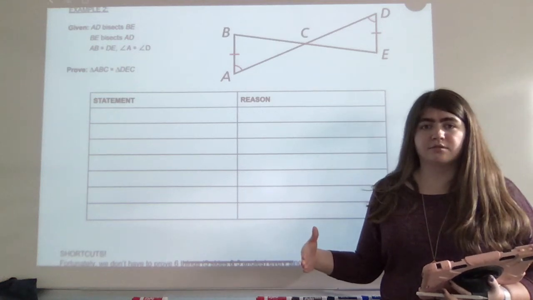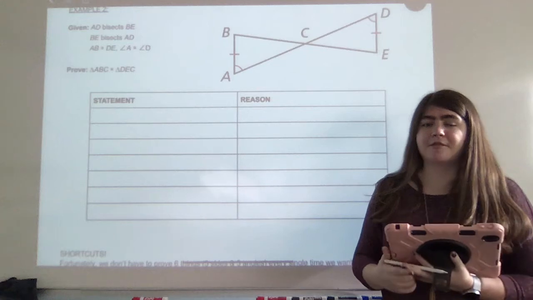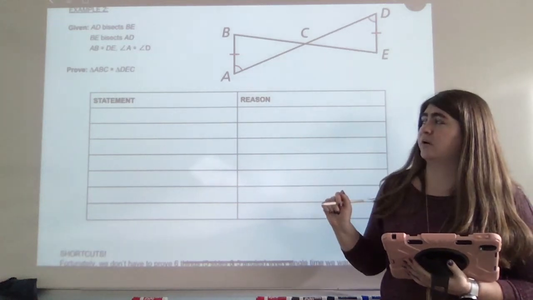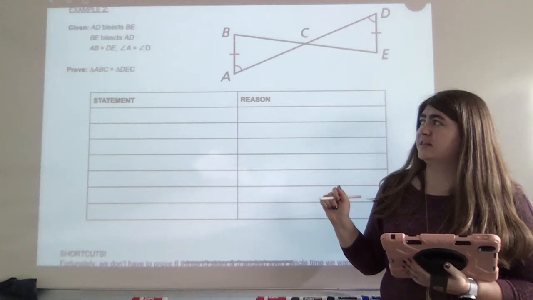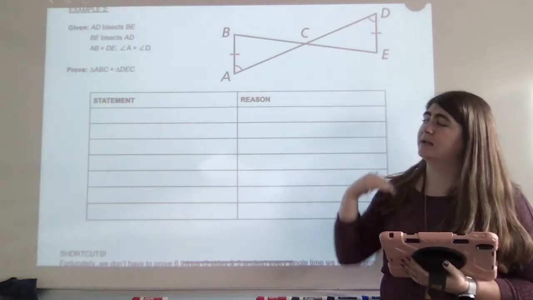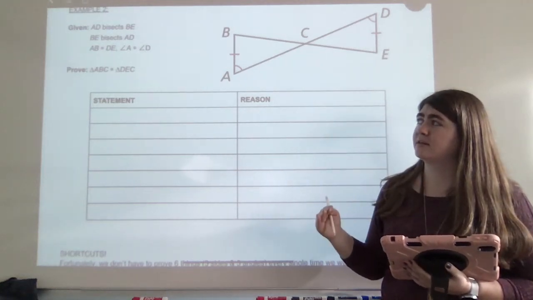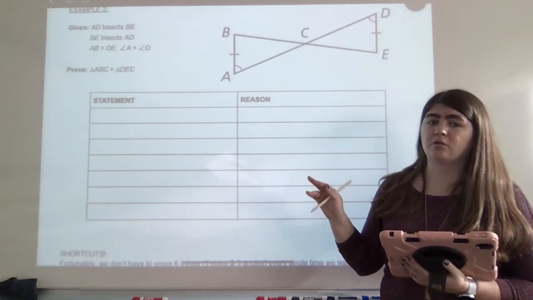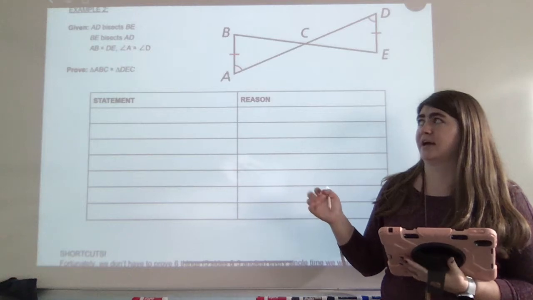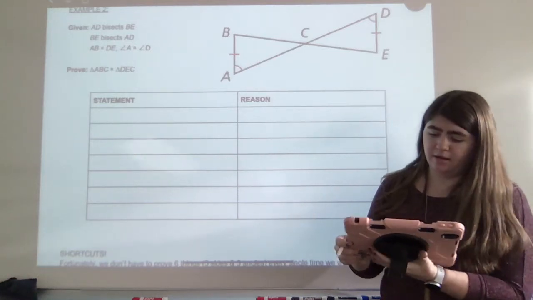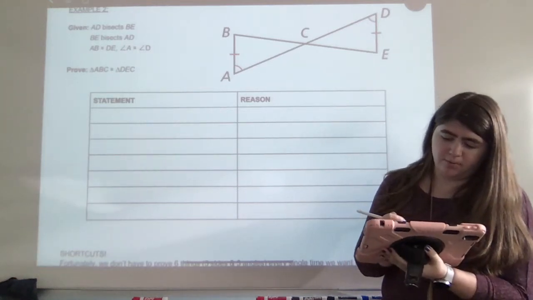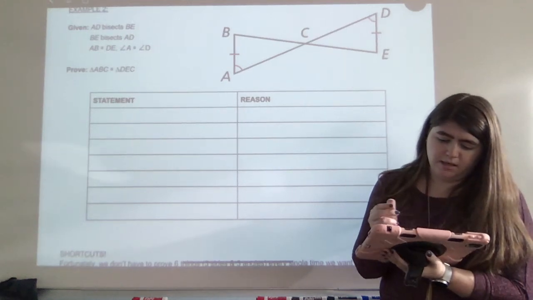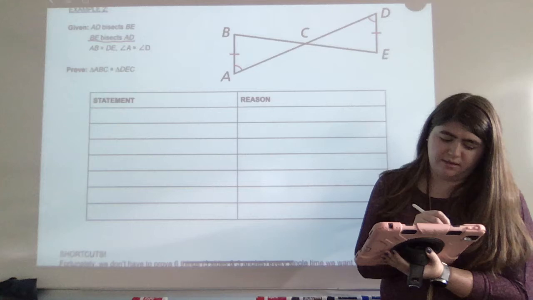to show that these triangles are congruent. Now, that being said, we have a lot of information that was given to us in that section, and I'm going to go ahead and start by putting those pieces of our given statements in the first 2 lines. So on my first line, I'm going to write out that AD bisects BE and that BE bisects AD.